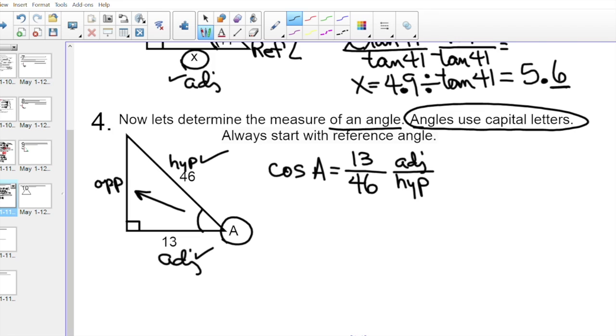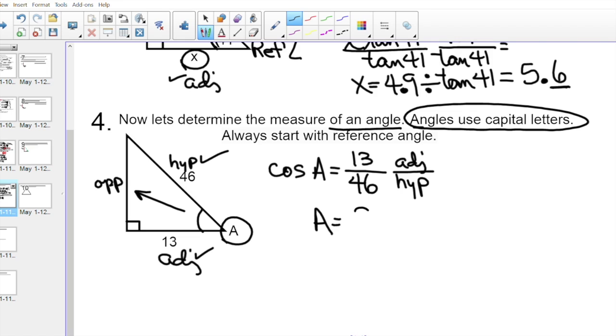Young people, when you start looking for an angle, you got to realize that we don't do it the same way as when we're looking for a side. So if you watch carefully, the first thing I want to write is the angle that we're looking for, in this case angle A. Now, your calculator has a second button above the cosine. So if you'll do what I'm showing here on your calculator, you'll eventually start seeing the answer.